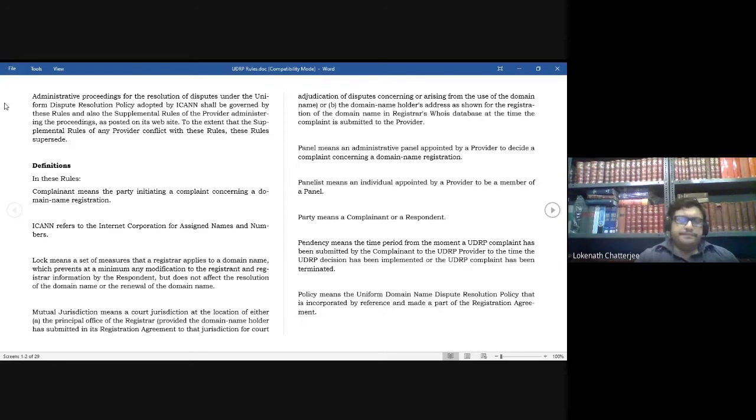ICANN, we know. What is a lock? Lock would be the measures that the registrar applies. Registrar is where the domain name is registered, which prevents modification.